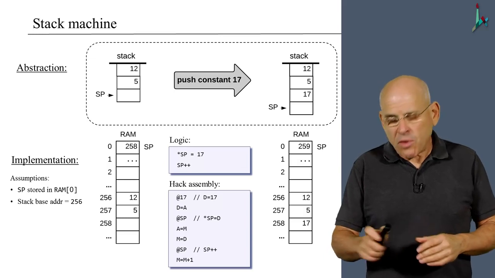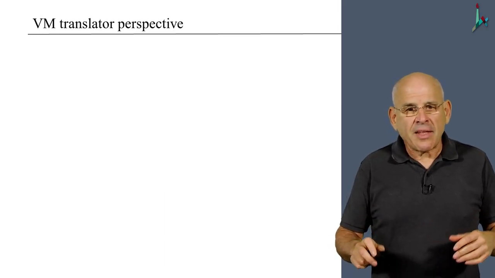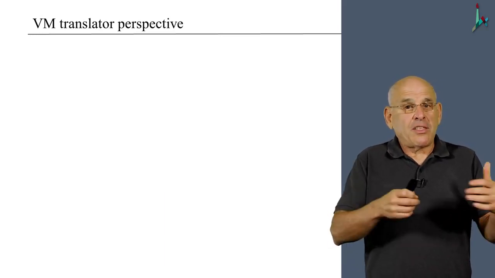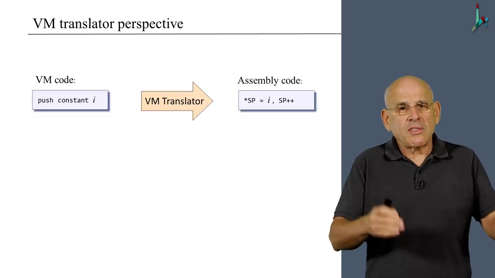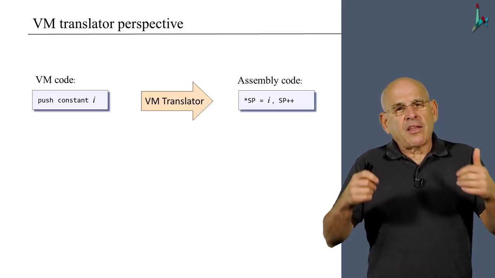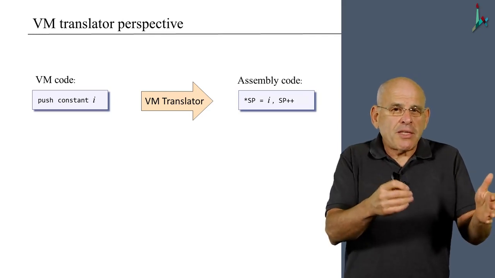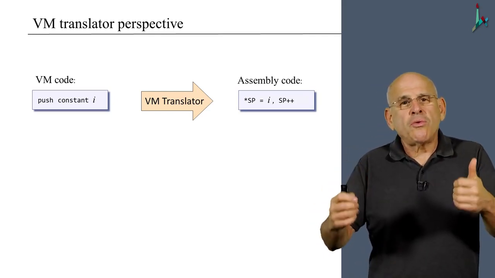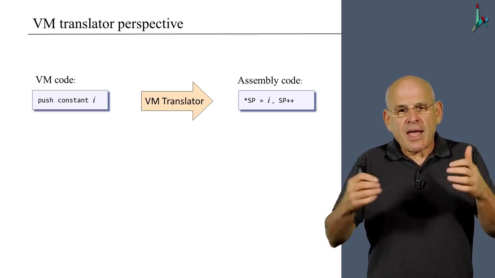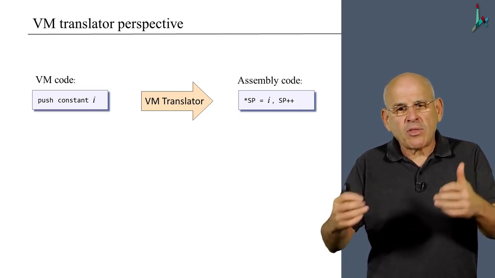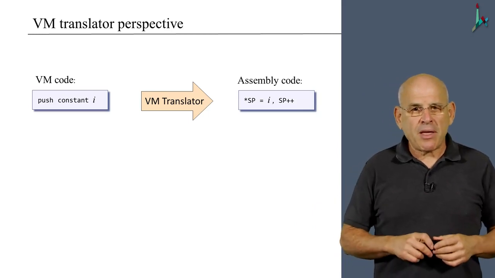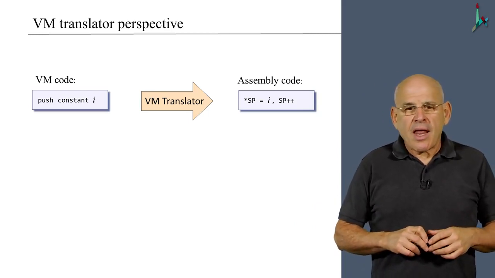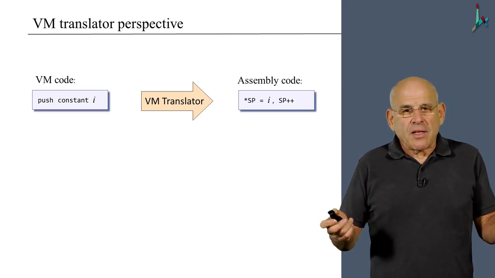And that's actually what we do in the next slide. In the next slide, we look at the generic command push constant i, and we see that in order to re-express it in machine language, we have to use the two pseudo commands *SP = i followed by SP++. Now, who is going to do this?